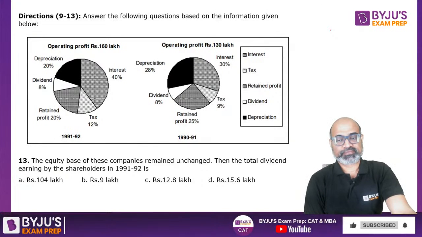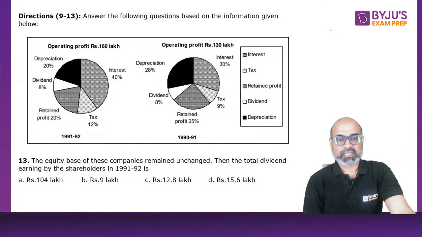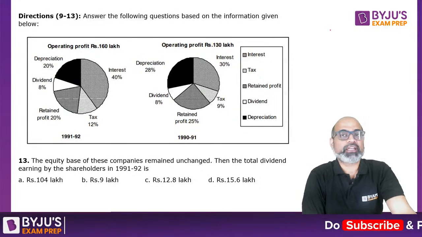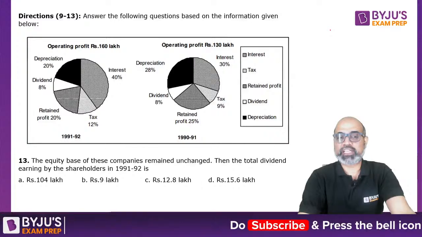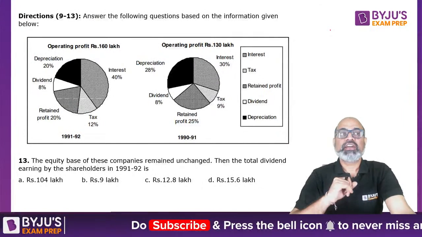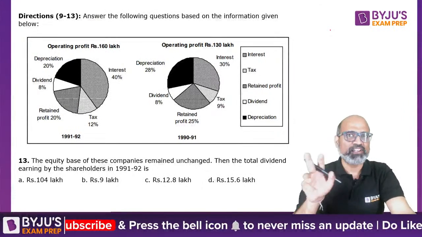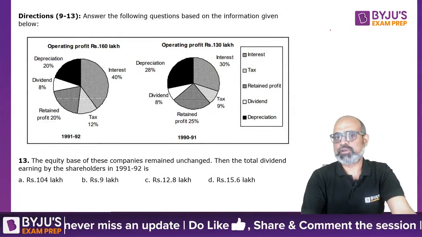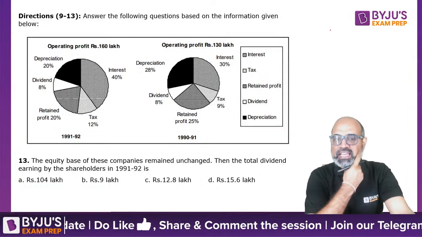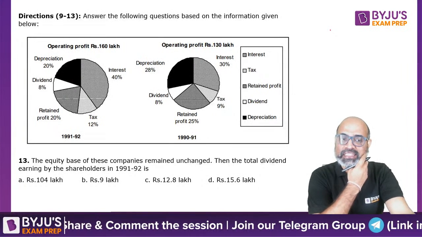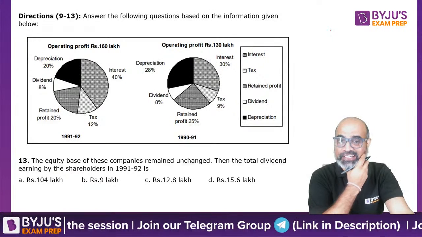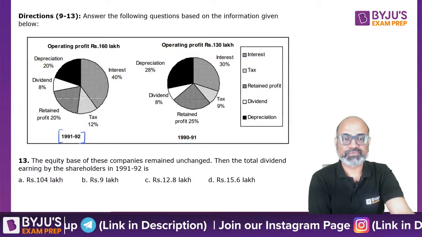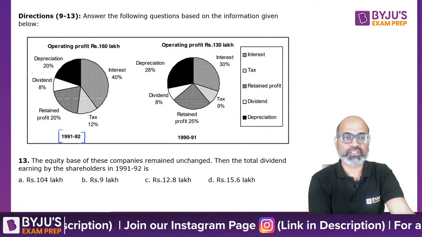Next. The equity base of these companies remain unchanged. What is equity base? No idea. The word equity is not here, the word base is not here. Even if base is not a technical word, it is more like the starting value, but equity is not here, right? Then the total dividend earned by the shareholders in 91-92 is, so we have to only concentrate on 91-92, and they're asking us about the dividend.